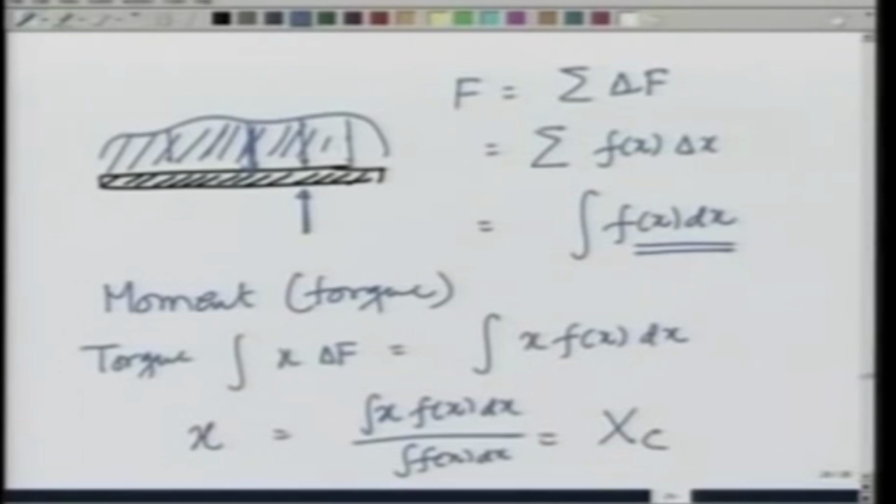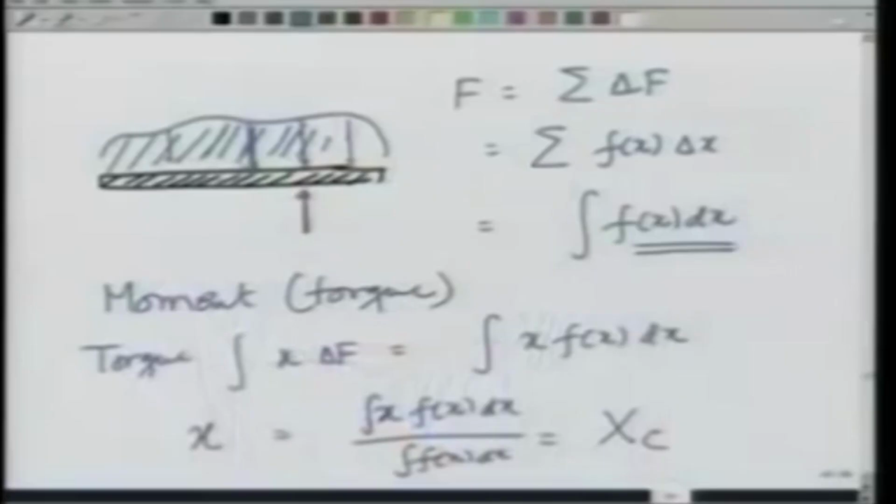So, we can say that effectively the force acts at the centroid of this given area which describes the force distribution. You see immediately the connection between the first moment or the centroid that we defined and a problem in mechanics.